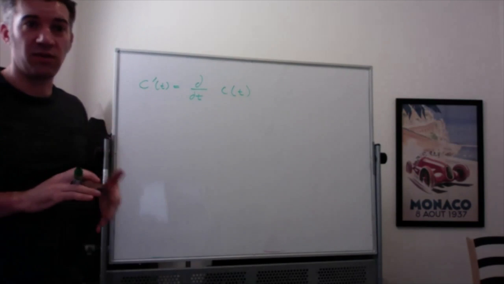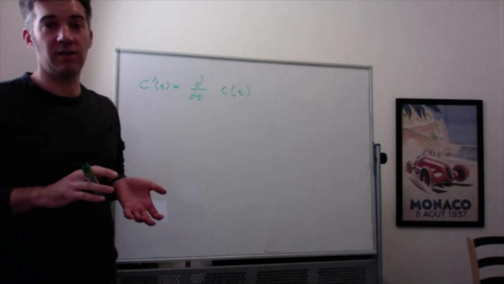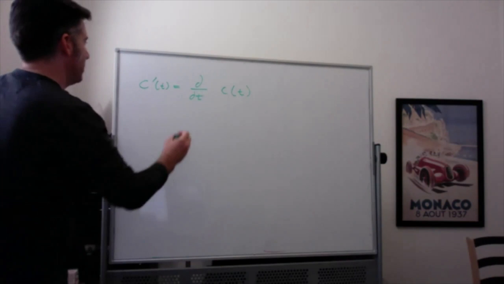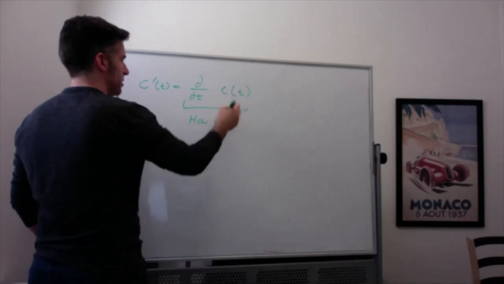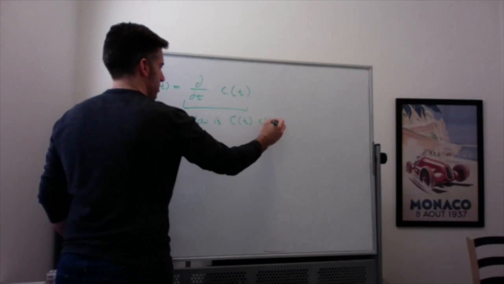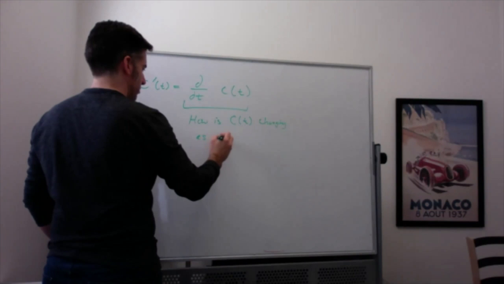Notice that the variable here is time. So if I'm asking you what the derivative is of some function of time, what we're really asking is, how is this thing changing as time is changing?